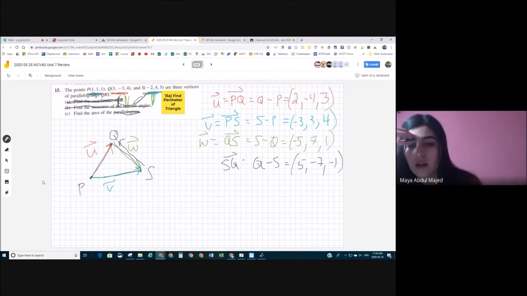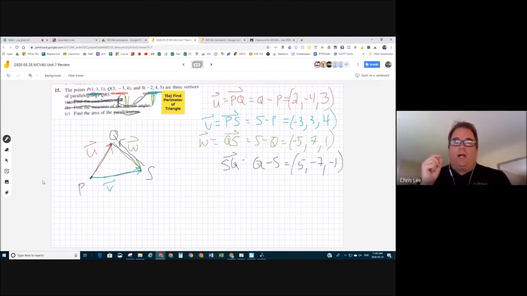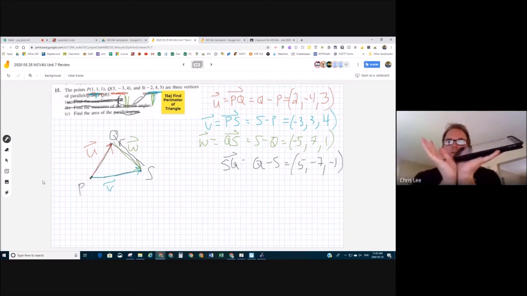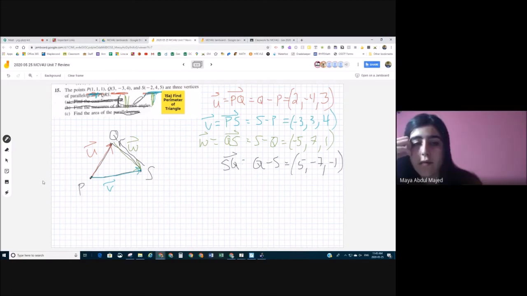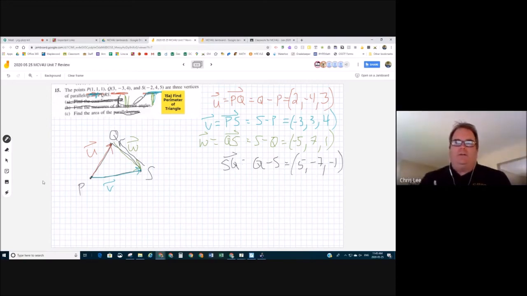So the sneak peek is when I go off and find area, I need to do the cross product. And the cross product has to have the two vectors going from the same point. So whenever we do it, it's good to make sure that two points meet. You might as well, because you're going to need to do it in the second part. So you might as well save yourself some work and do it now. Okay, really good question.